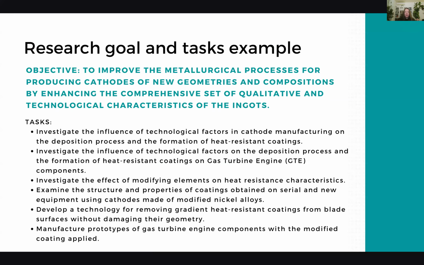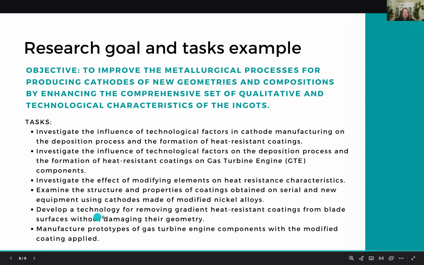So first, the author would investigate the effect of modifying elements, and next, he or she would use that knowledge to examine the structure and properties of coatings obtained using those cathodes made of modified nickel alloys. So all tasks are connected, and you have to go through them one by one to achieve your objective.